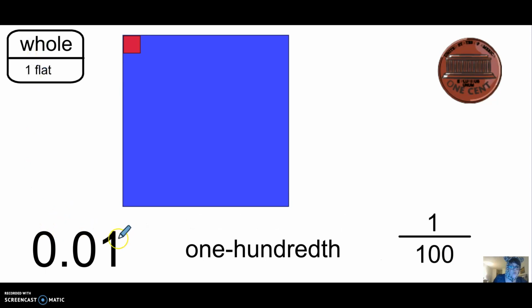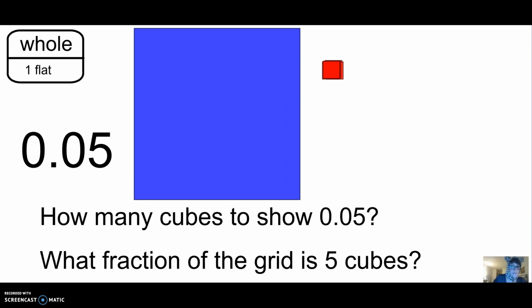This decimal says 100th. These words say 100th. This fraction says 100th. A cube is 100th of my flat. A penny is 100th of a dollar. So how many cubes to show this decimal?